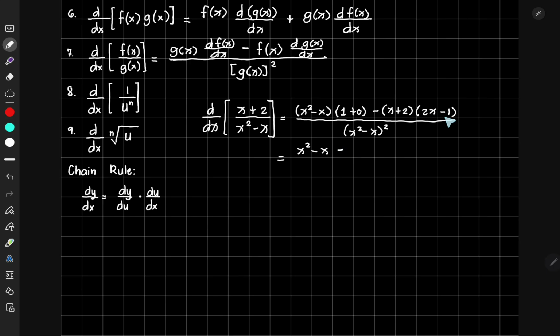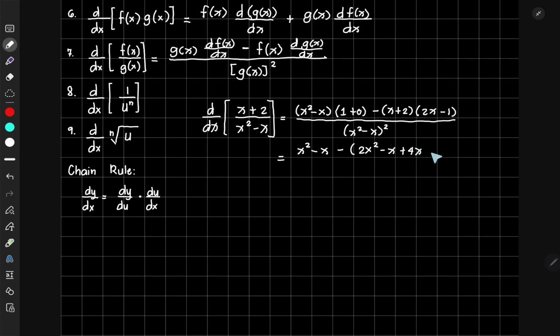So minus, so ito, we have x squared, ay x times 2x, we have 2x squared. So we have x times negative 1 is negative x. 2 times 2x is positive 4x.